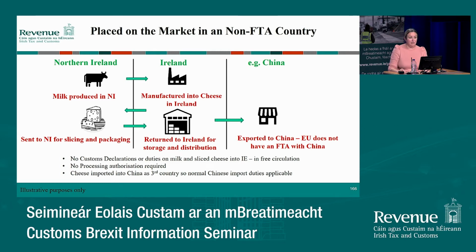But as I mentioned earlier, beware of your contractual obligations. There may be other requirements to provide EU origin products, and in that instance, it's unlikely that the final cheese would qualify as having EU origin.